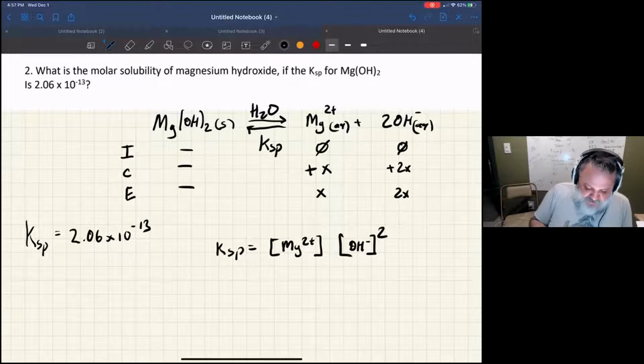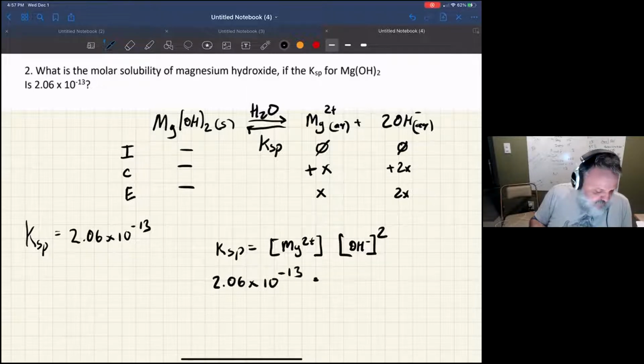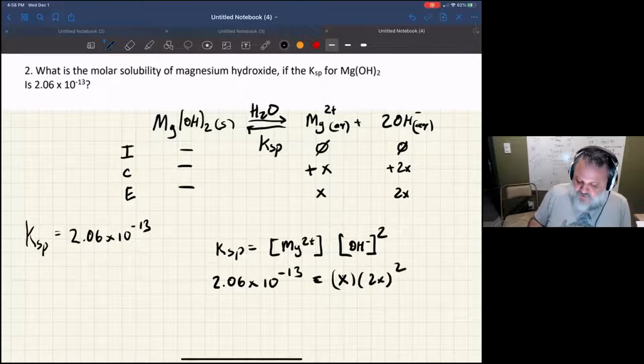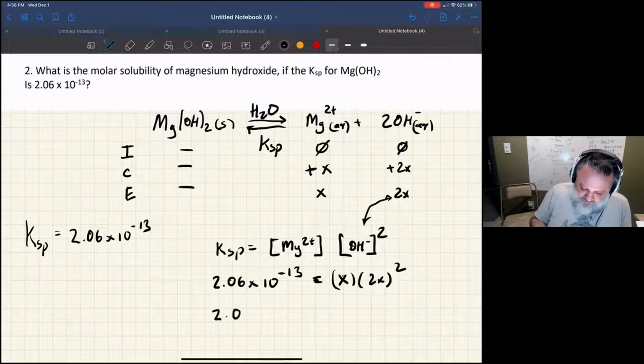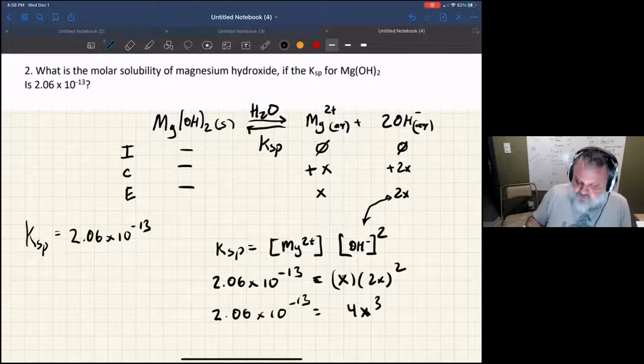Now, that means that 2.06 times 10 to the negative 13 equals x times (2x) quantity squared, because that's the concentration there. And so 2.06 times 10 to the negative 13 equals 4x cubed.